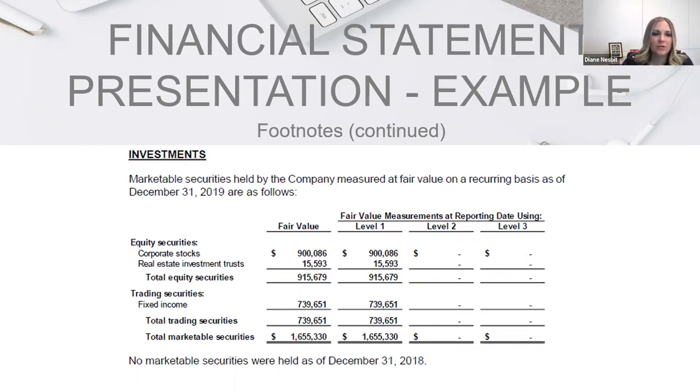So you'll see there we've got corporate stocks listed and then real estate investment trusts listed there under equity securities. And then in that trading securities category, we've got fixed income securities or bonds. And then that total marketable securities, that grand total of the 1.655 million, that is the number that then ties back to the balance sheet line item presentation.